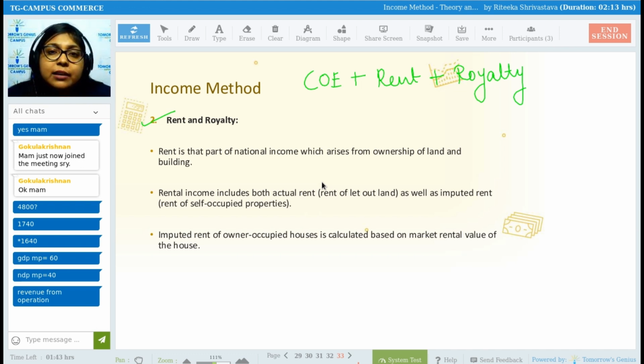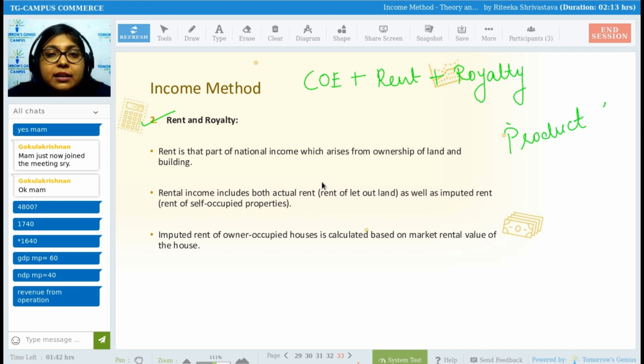What is royalty? Royalty means, say suppose if I have made something very special and I will tell that nobody else is allowed to copy that. Something special, like say suppose I have made some product which is very special, which not everybody can make. Which is not the cup of tea of everyone, which cannot be made by everyone.